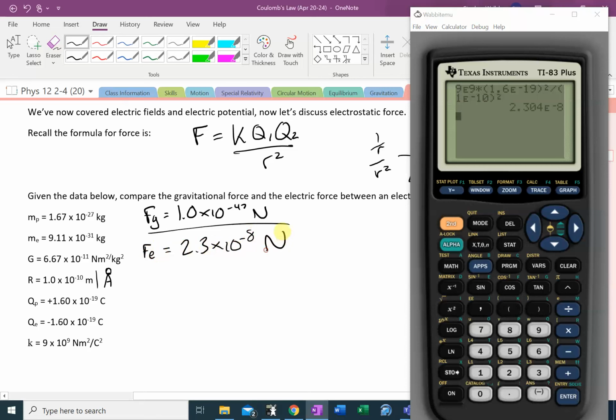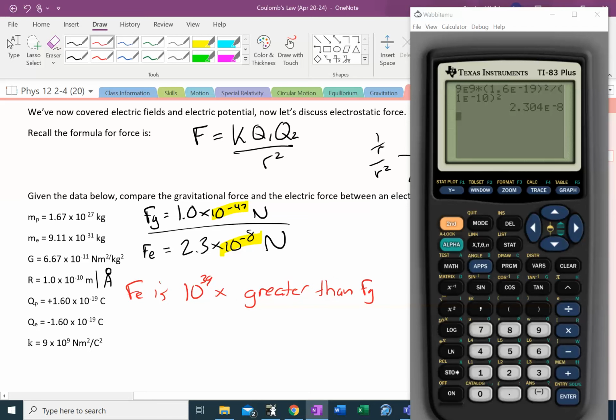So if you take a look at these two values here, don't worry too much about the 1 or the 2.3, but the force of gravity between those two would be 10 to the minus 47, and the electrostatic force would be around 10 to the minus 8. So you can see that the electrostatic force between subatomic particles is around 10 to the 39 times greater than Fg.